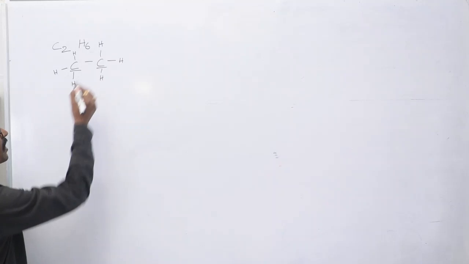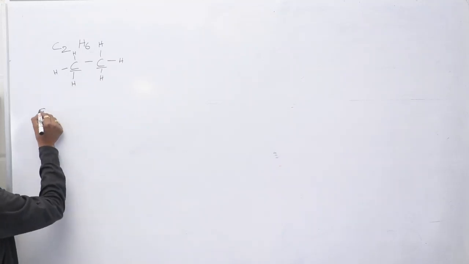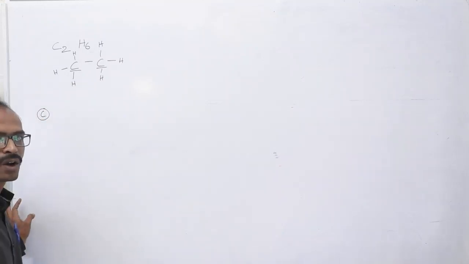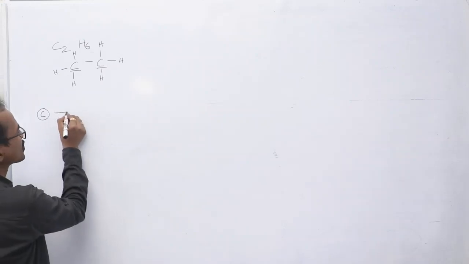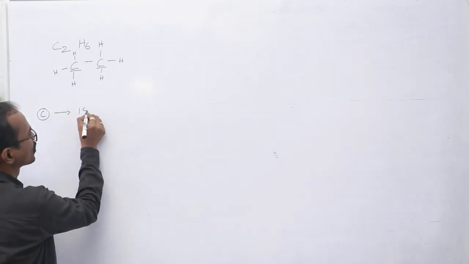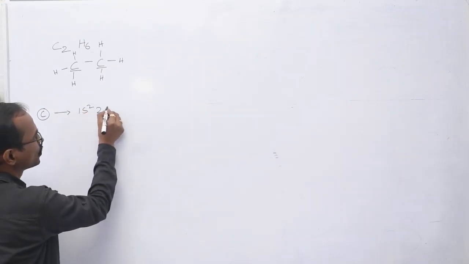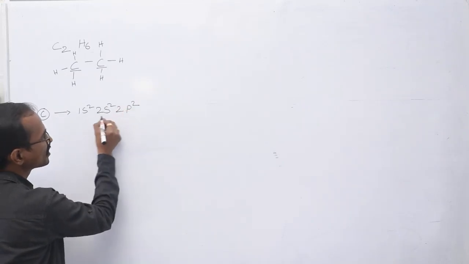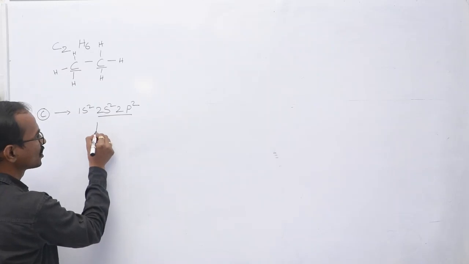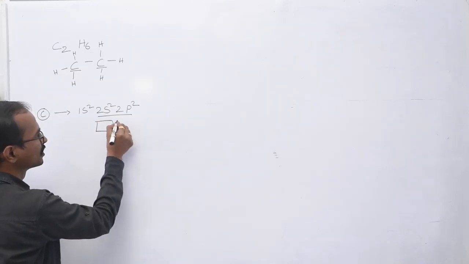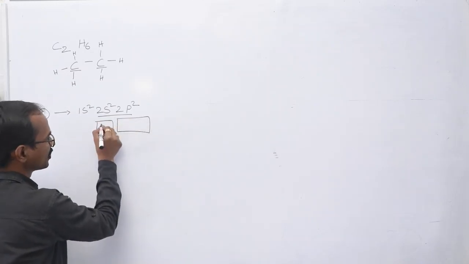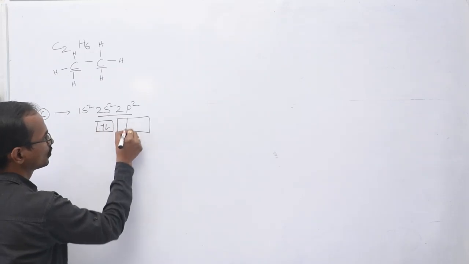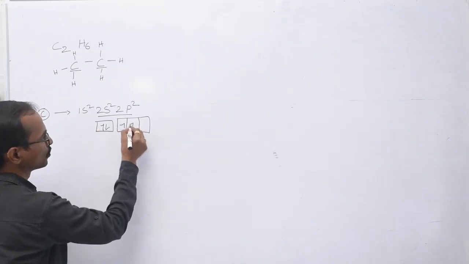Here the central atom is the carbon atom. What is the central atom in the ethane molecule? Carbon atom. And what is its electronic configuration? 1s2, 2s2 and 2p2. If I represent the valency shell electronic configuration in the orbital diagram method, it will be like this: 2s2 and 2p2.